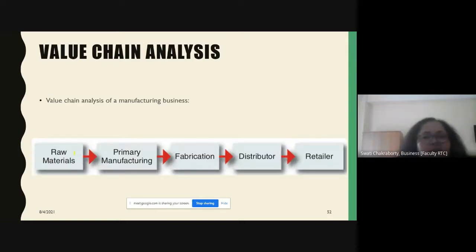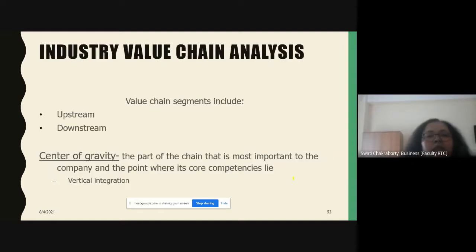So this is how it goes. The picture shows a value chain analysis of a manufacturing business, from raw materials ending up at the retailer. Now, let's look into industry value chain analysis. Value chain segments include something called upstream and downstream.